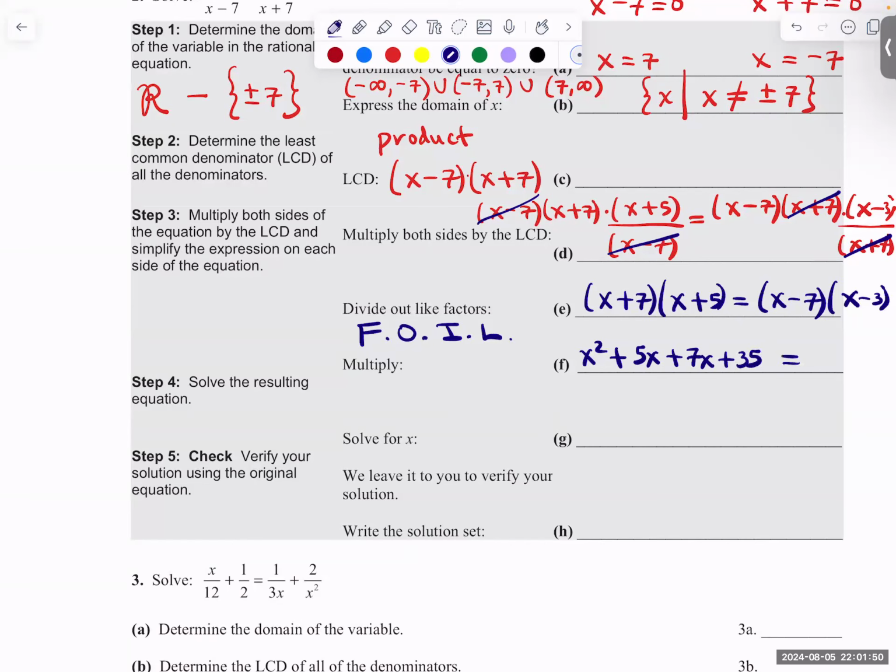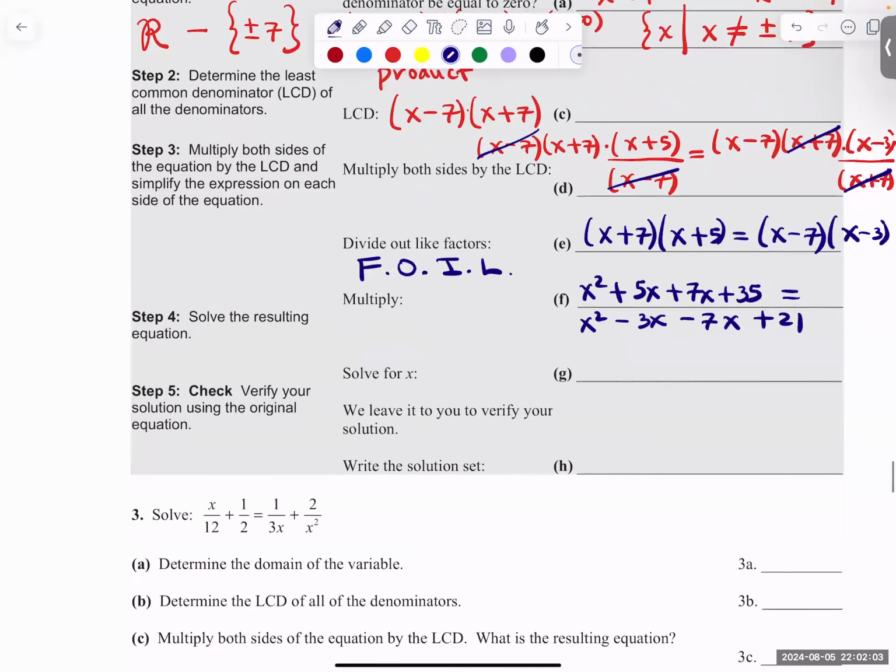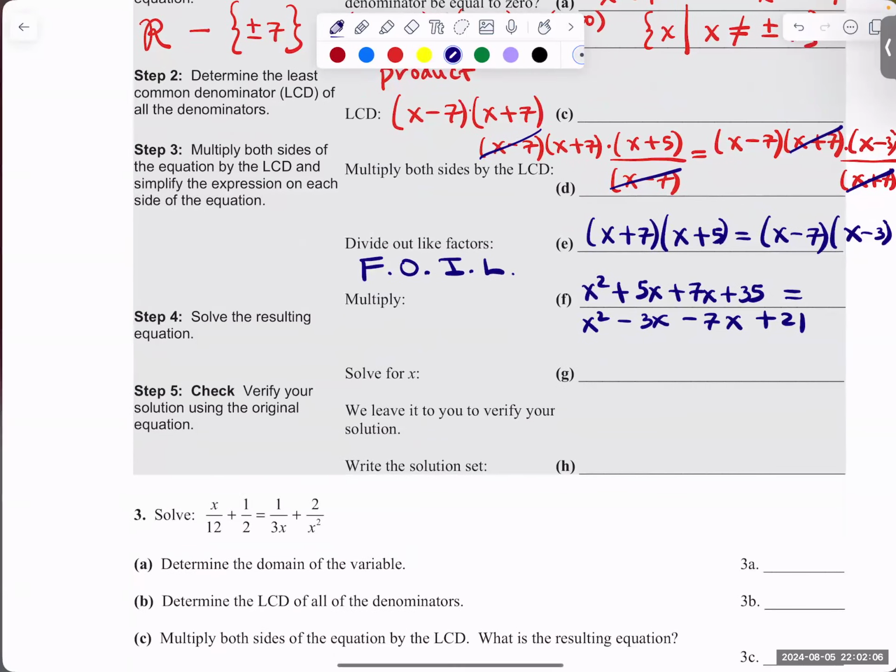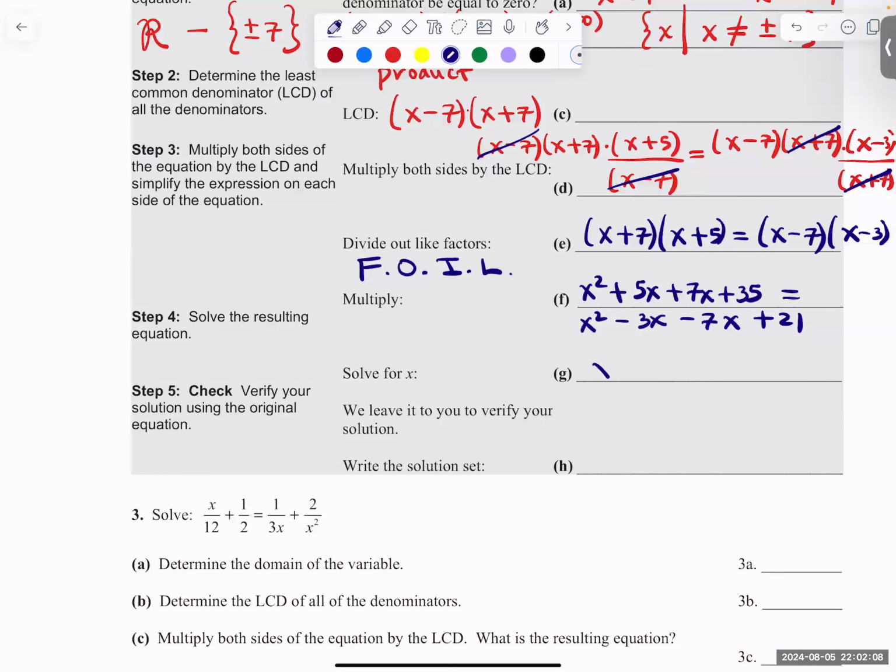is equal to x squared. Outer product is minus 3x, inner product minus 7x, and then plus 21. So simplifying, we have x squared plus 12x plus 35 is equal to x squared minus 10x plus 21.